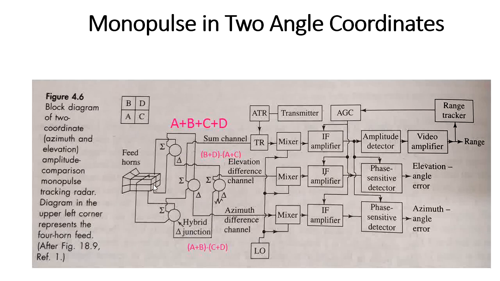Here, instead of 2, we are going to use 4 feed antennas. In the previous monopulse 1 angle coordinate we used only 2 feeds, but here we are using 4 feeds of antenna. How it is arranged is shown in the figure, on the left side: B, D, C, A. This is the feed antenna where we need to measure the angular error here.